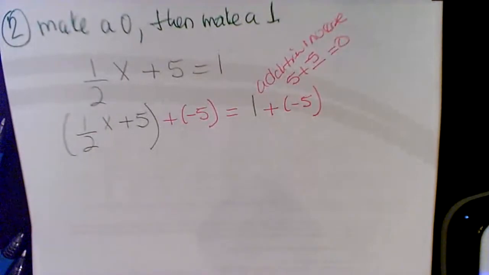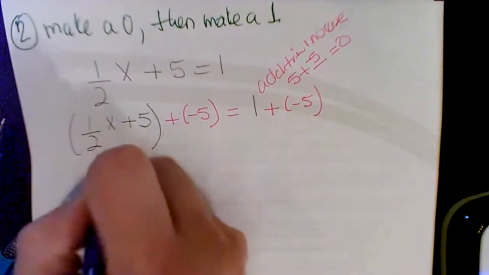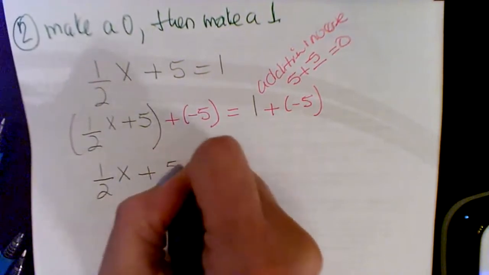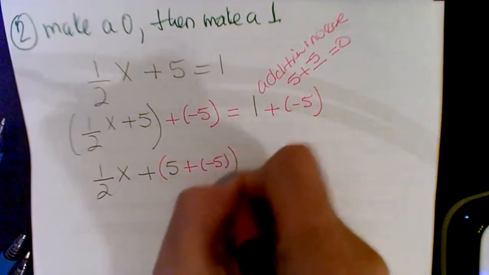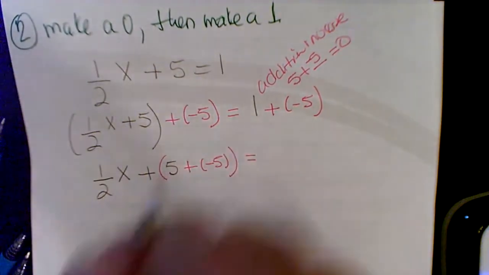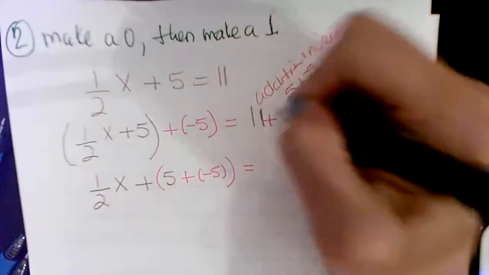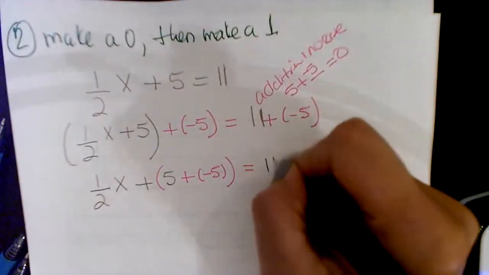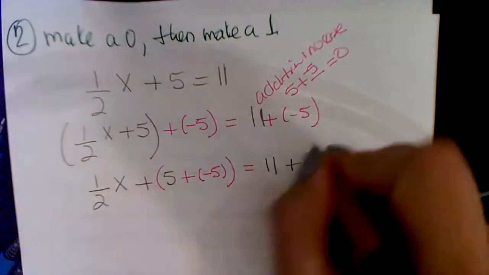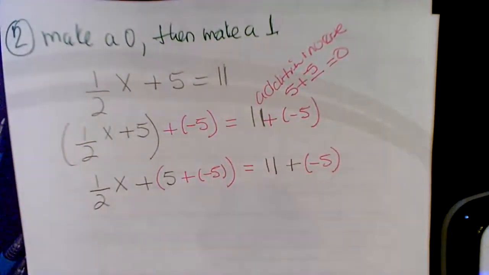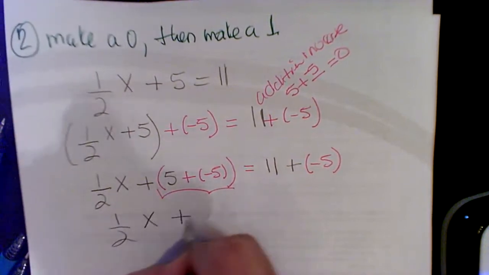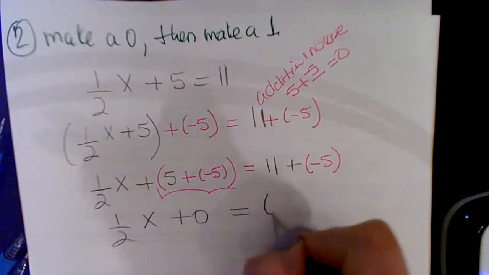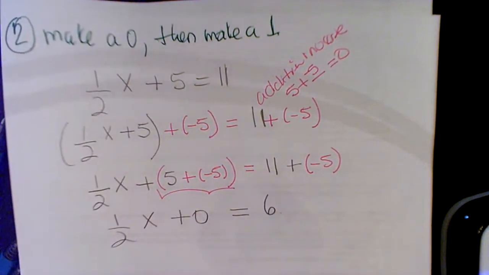Now, 1/2 x plus 5 plus -5. Oops, this is 11. Sorry. So this will be 11 plus -5. So what do we get here? 0. So it's 1/2 x plus 0 equals to 6. Now I'm gonna make a 1.